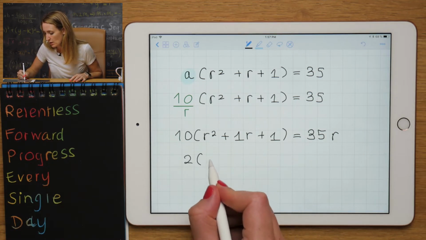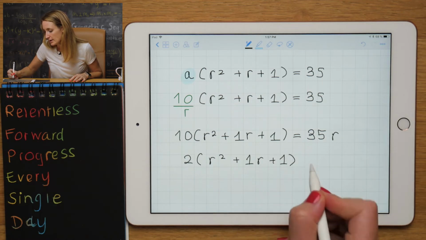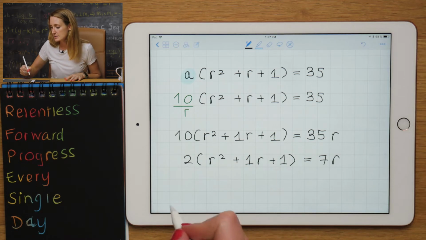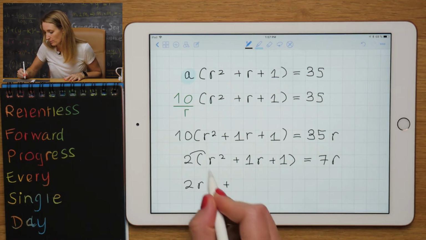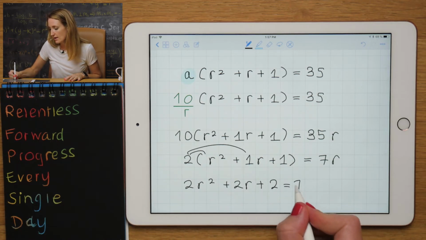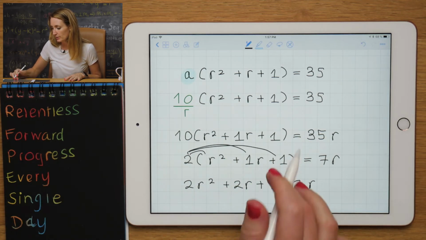So here 2r squared plus 1r plus 1 is equal to 7r. You can see this is tidying up to be a nice, neat quadratic equation. So 2r squared plus 2r plus 2 equals 7r. So I've multiplied out that big trinomial there.